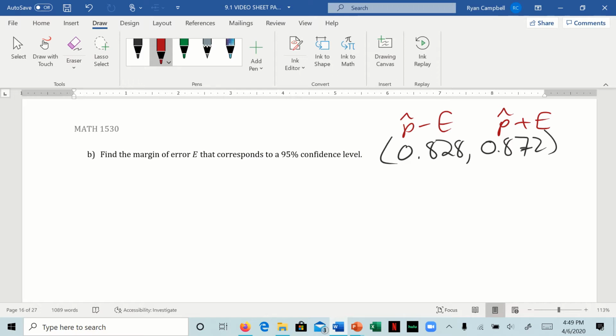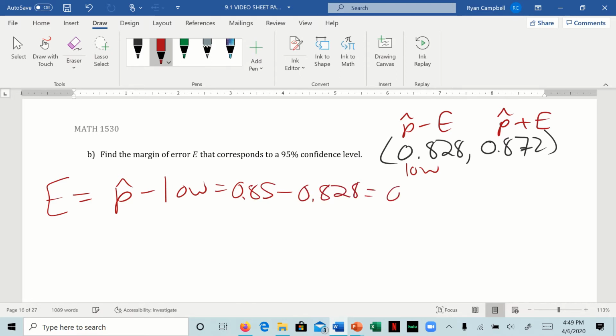So we can just do p hat minus the low number, because that's how far away the low number is from p hat. It's just e. When we do that, we get 0.85 minus 0.828, which is 0.022. So 0.022 is our answer. We can also do it the other way, but once you have it once, you don't have to do it both times. You could also do high minus p hat, and you end up with the same answer.